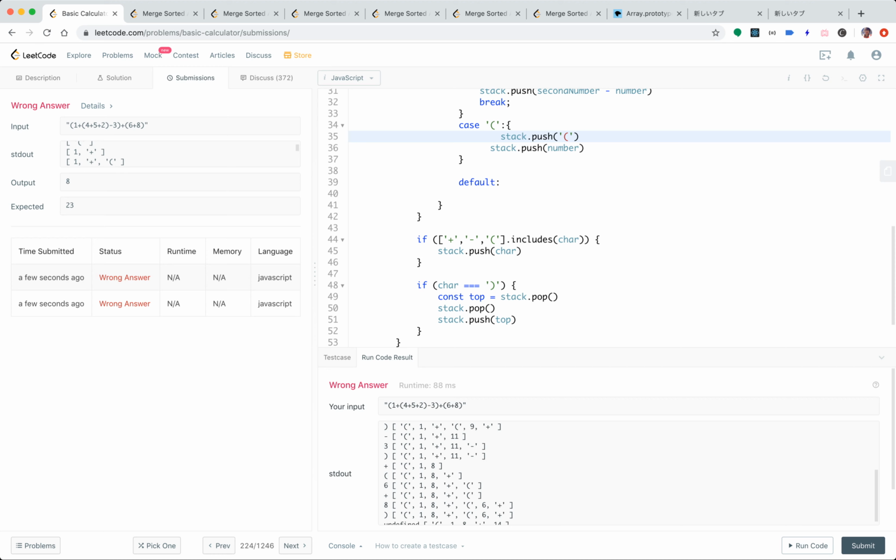For like this, so we get 1 plus 11, so we 1 minus 3. If it's right parenthesis, we will keep popping.